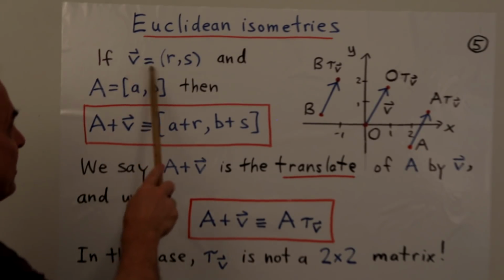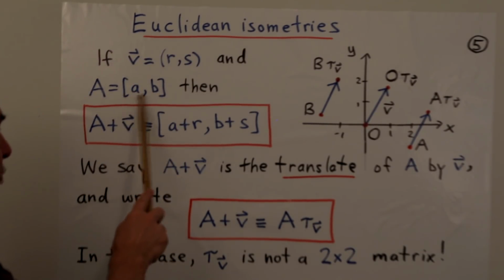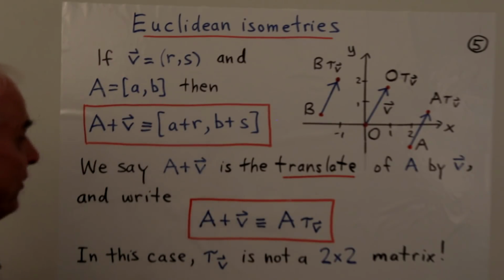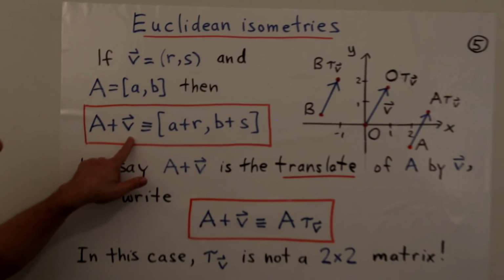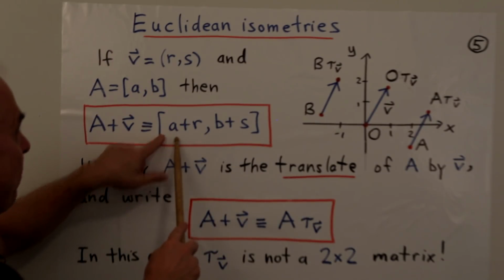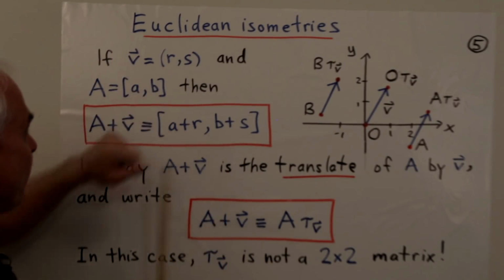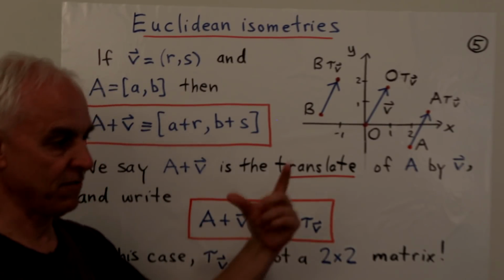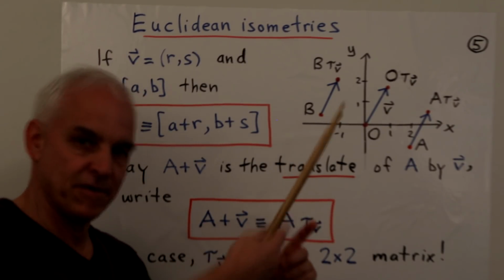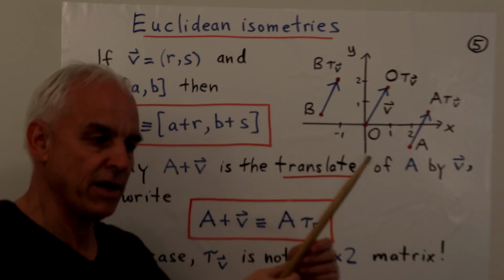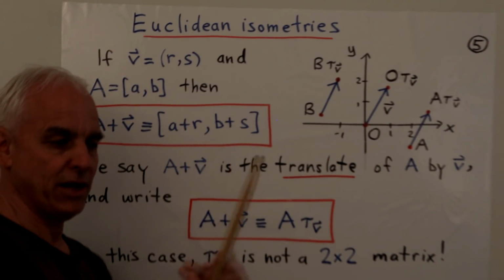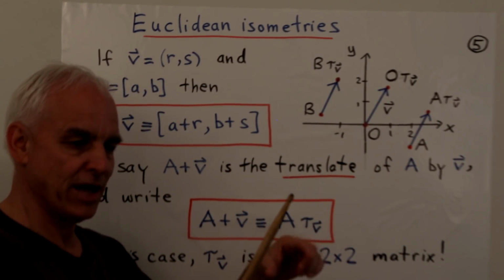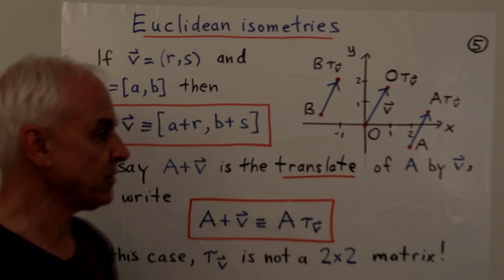So if v is the vector rs and A is the point AB, then let's define A plus v to be the point a plus r, b plus s. So we think of A as being an absolute position. We think of v as being a relative position. It's a relative quantity. If we take an absolute quantity and we add a relative quantity, we should get another absolute quantity. So this is another point.